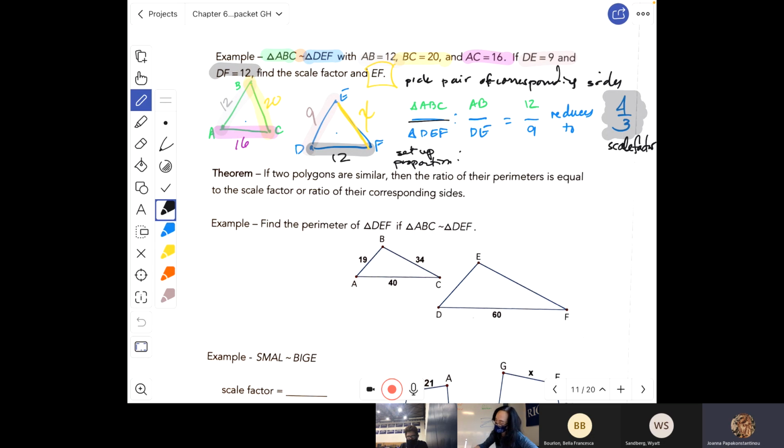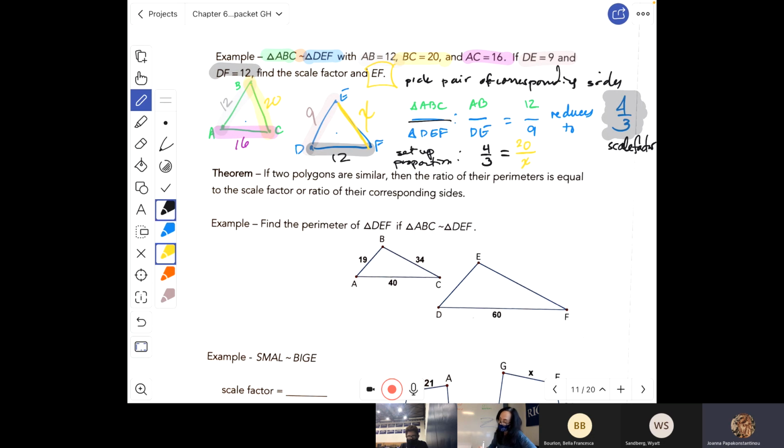So I said 4/3 was my scale factor, and I'm going to set that equal to X, which is what I'm solving for in triangle DEF, over BC, which is 20, what I know in the corresponding similar triangle.